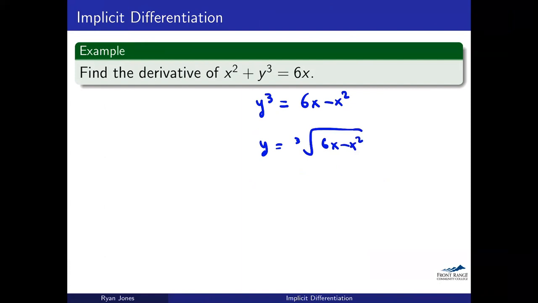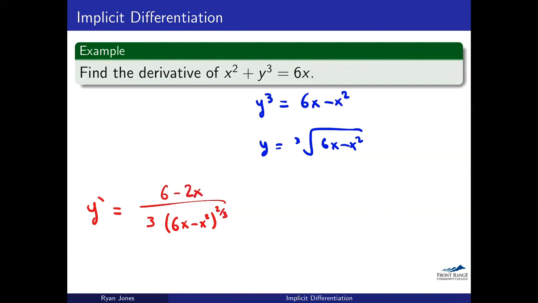And if you actually take a derivative of this, I'm going to do this very quickly in my head, but you're going to get, let's see, we're going to have a 1/3 times (6x minus x squared) to the 2/3 all over 6 minus 2x.